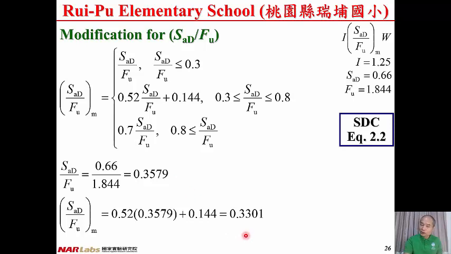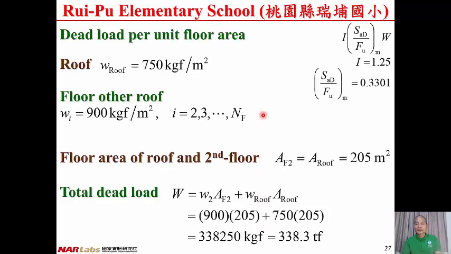After modification, it is reduced to 0.3301. So far, we have I equal to 1.25, SAD divided by Fu modification equal to 0.3301. And then we are going to compute the total dead load of the structure.